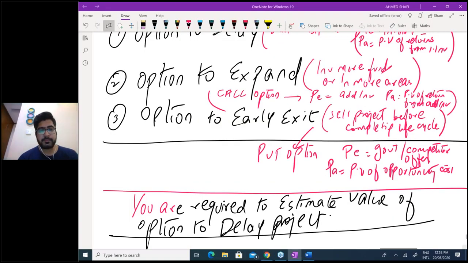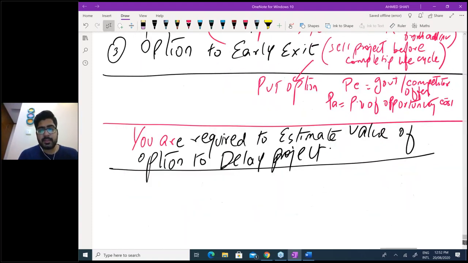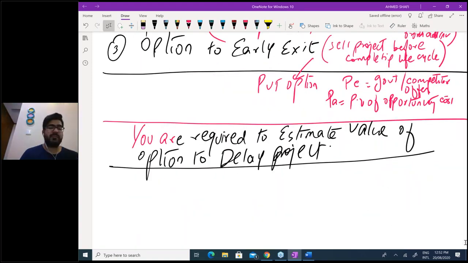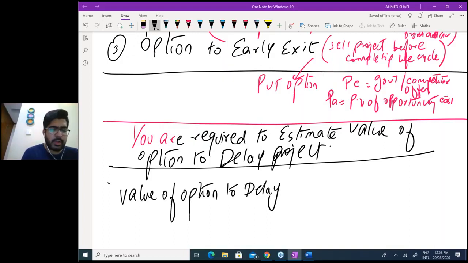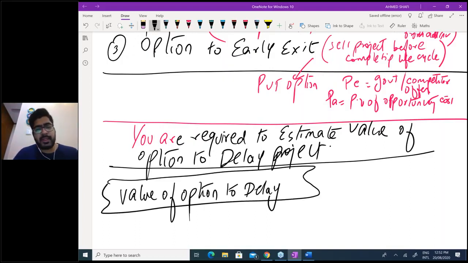I've been asked to estimate the value of option to delay using BSOP. Had the question not told about BSOP, still I would have known that if I need to estimate the value of option, any option is found through BSOP.